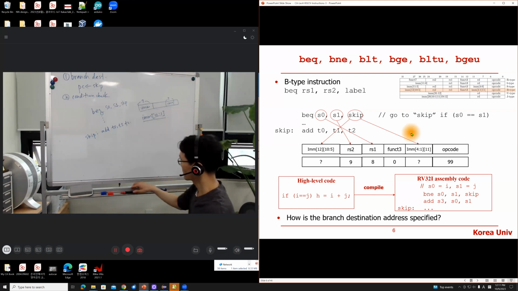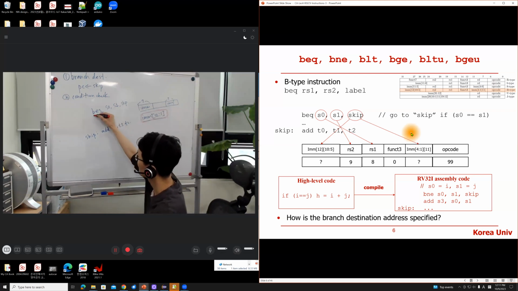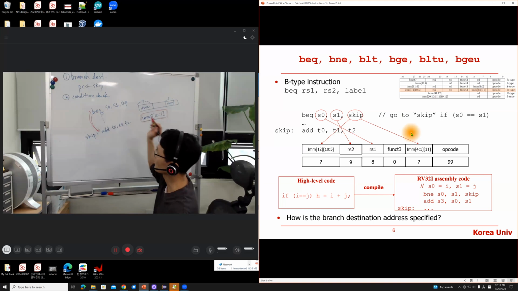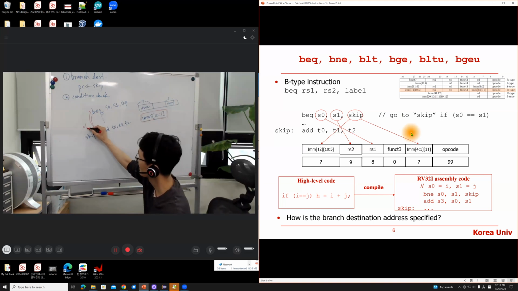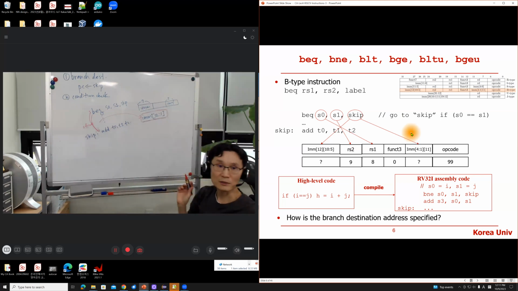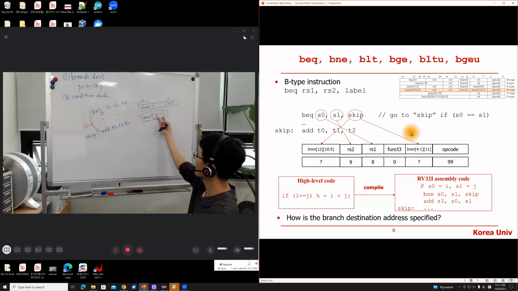And then, important thing. What kind of information is encoded in the immediate? So the RISC-V architect decided to encode the distance from the current location to the destination. That offset is encoded in the immediate. And then one important thing, why 12 to 1?